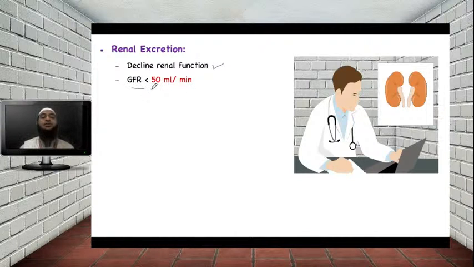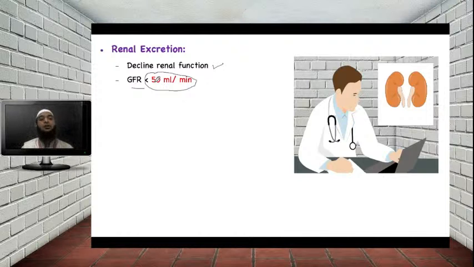If you see the GFR in an elderly patient, it is very low, just 50 ml per minute, almost one third of the normal glomerular filtration rate, and it may change from patient to patient as age advances. But it is not necessary that all elderly patients show the same picture. In some elderly patients, although their age is advanced, the kidneys work as well as in an adult patient, and in those cases there is no need to adjust the dose.